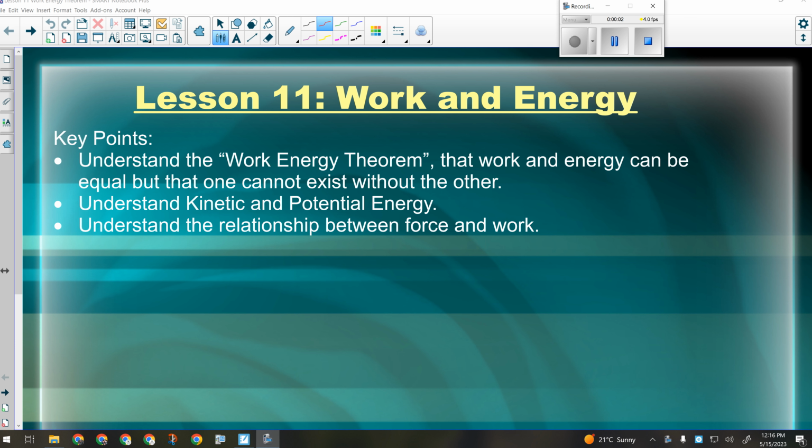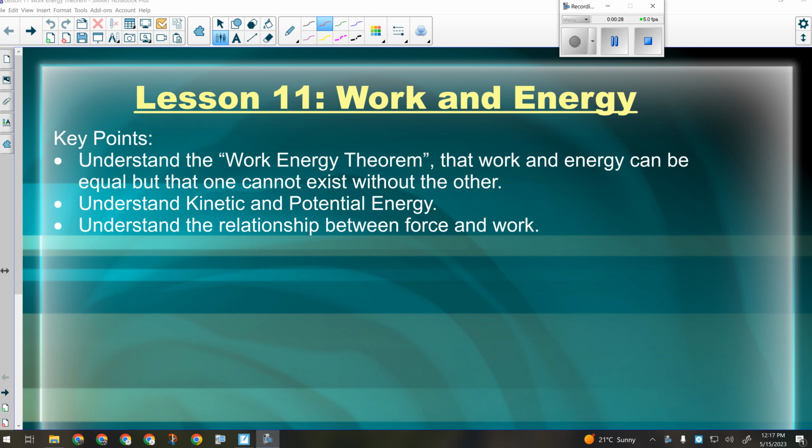Okay, so some of this might seem familiar from the first couple of days of this unit where we were talking about energy and thermodynamics and stuff like that. Okay, work energy theorem is probably the most important concept there is in high school physics. Possibly classical physics in general, because it explains how things happen.